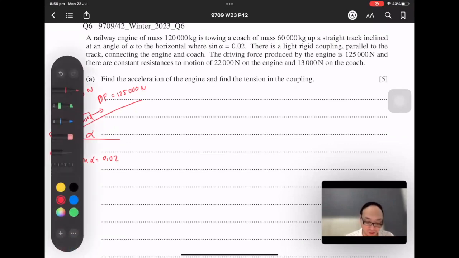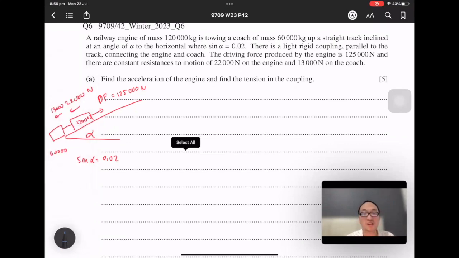So that means we have to split all the components. So this is the weight. So we have 1,200,000 cos alpha, 1,200,000 sine alpha, as well as this 60,000 times gravity times sine alpha.